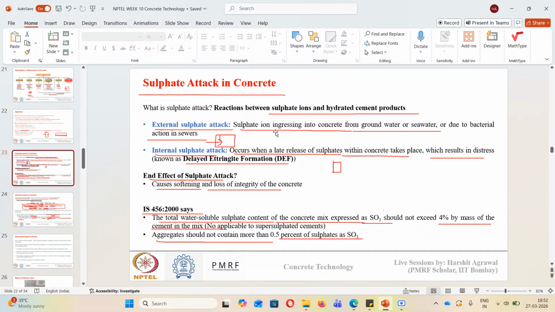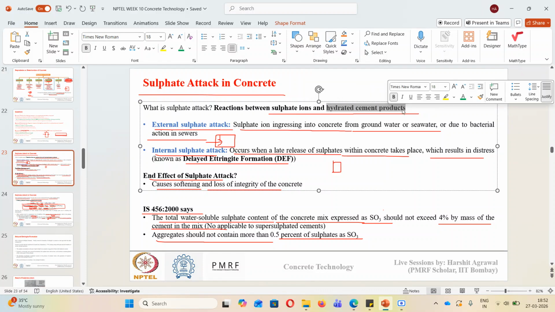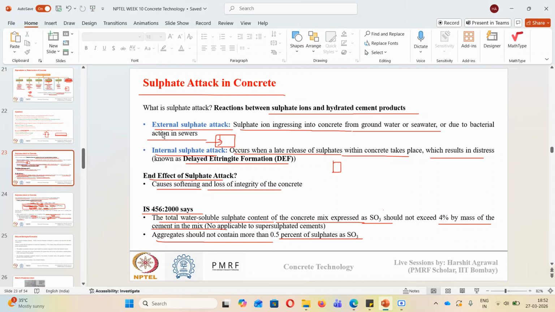So in this part I am explaining what is external and what is internal sulfate attack. I just gave you an overview on slide number 23 that sulfate attack is a reaction between sulfate ions and hydrated cement products. It can happen in two ways: external attack or internal attack. External means sulfate ions are coming from the exterior into the concrete.